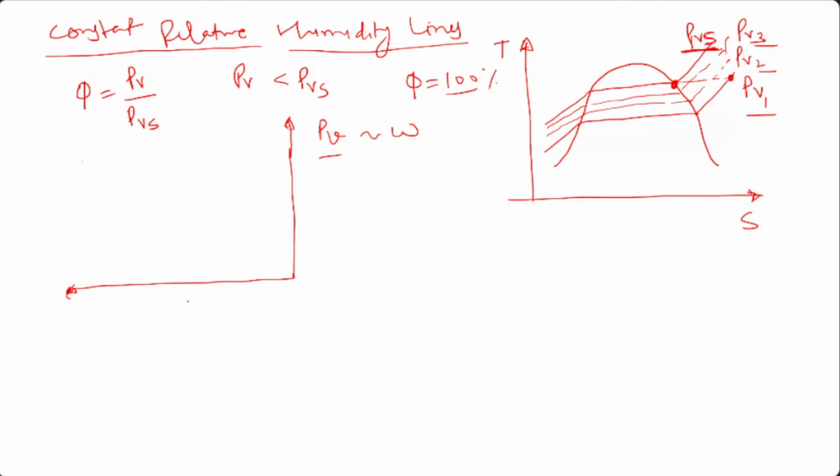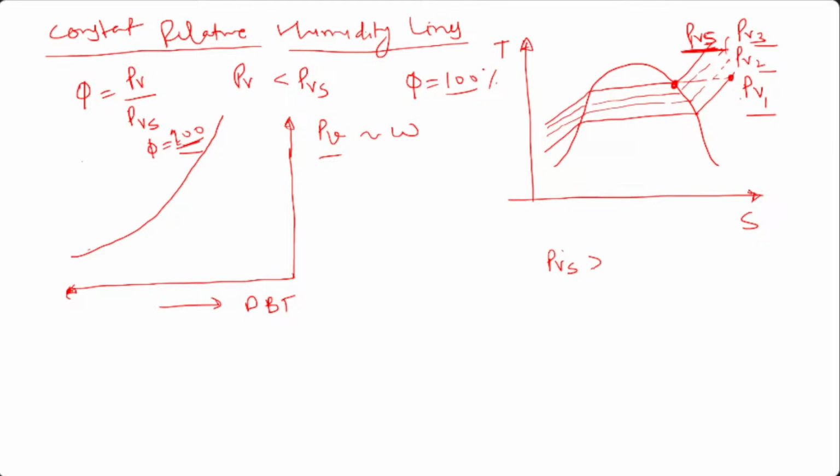And here we have the dry bulb temperature. Let's say this is your curve, and this curve shows phi equals 100%, when Pv equals Pvs.